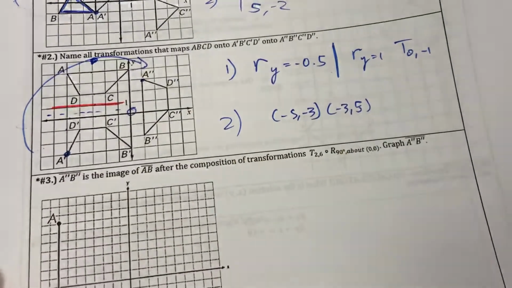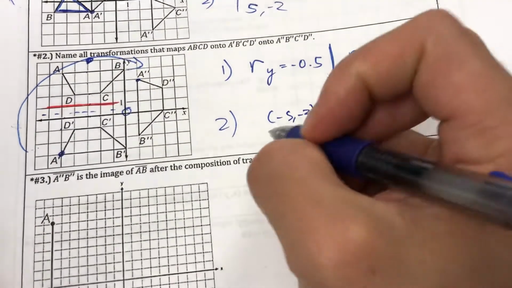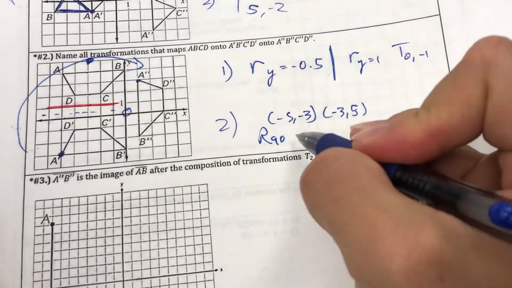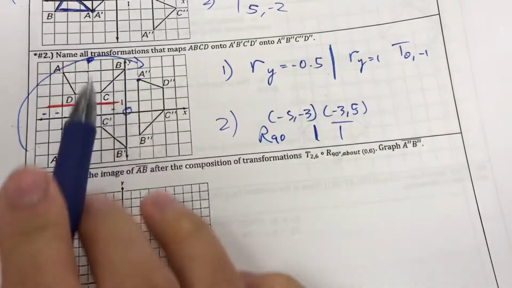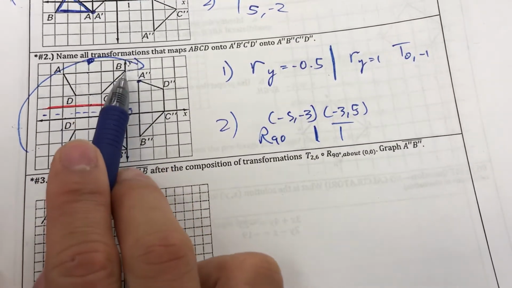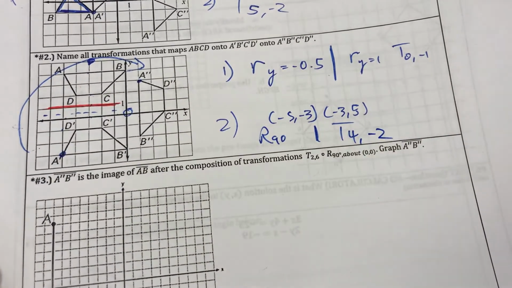So that's where it goes. So basically it's rotated 90 degrees and then it got translated 1, 2, 3, 4 units to the right and 1, 2 units down. So 4 units to the right and 2 units down. That's it.